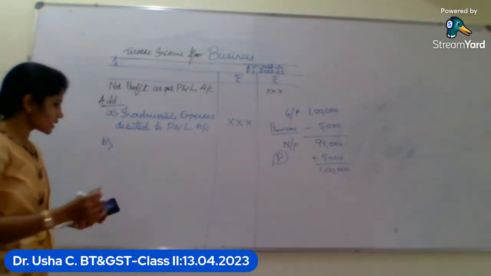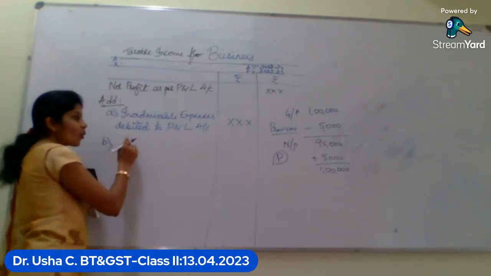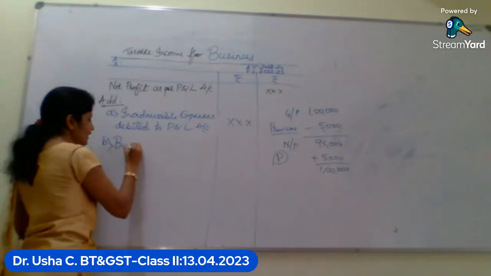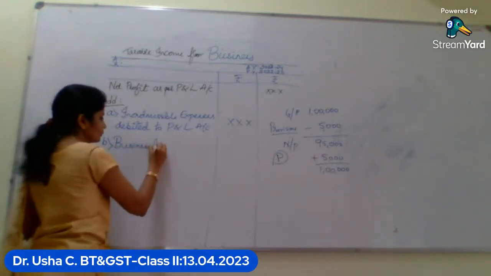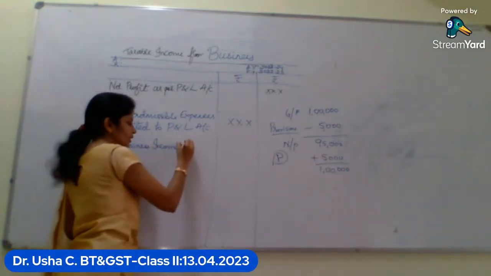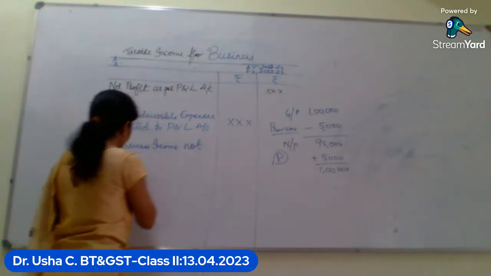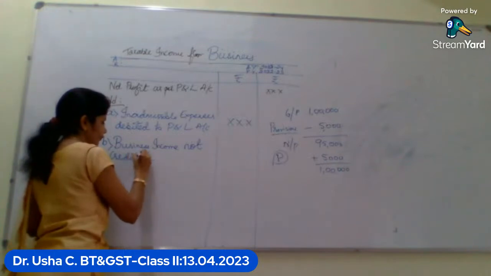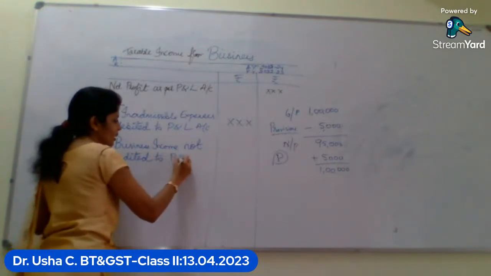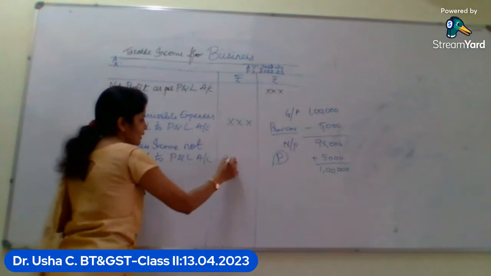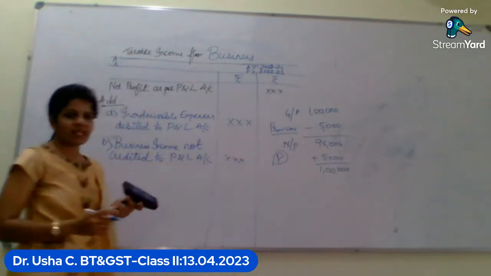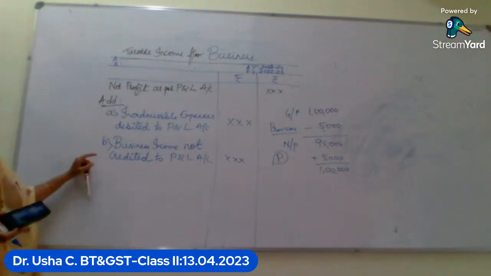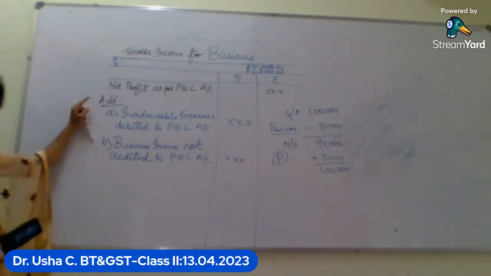Very good. Next, second thing is whatever the business income, if any business income not credited to profit and loss account, that must be added. Any business income which is not credited to the profit and loss account must be added back to the net profit.